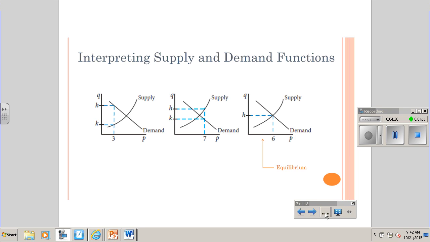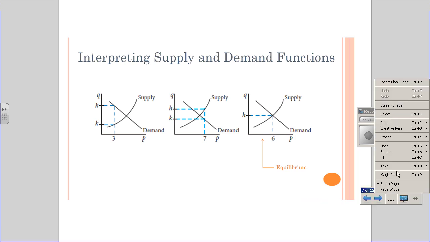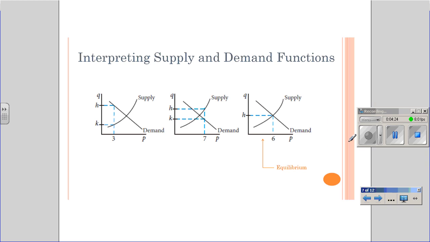In this first graph, if I look at a price of 3, we'll assume this is dollars. In this scenario, at 3, my demand is higher than my supply.